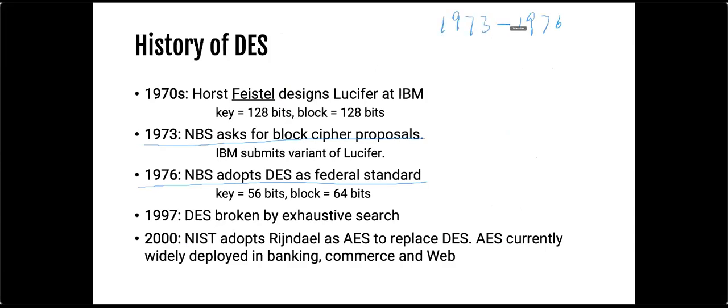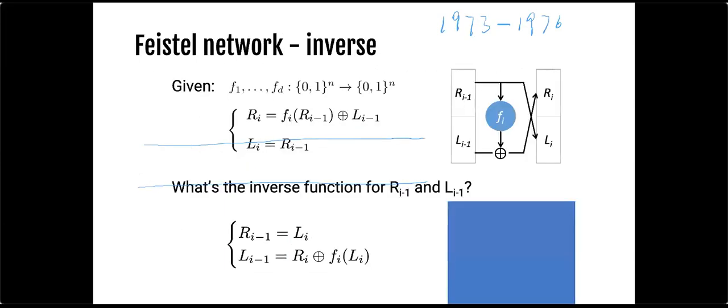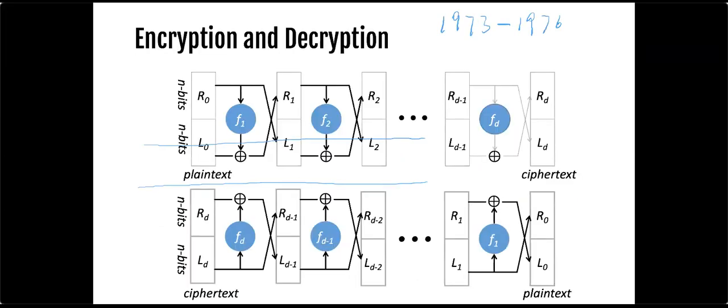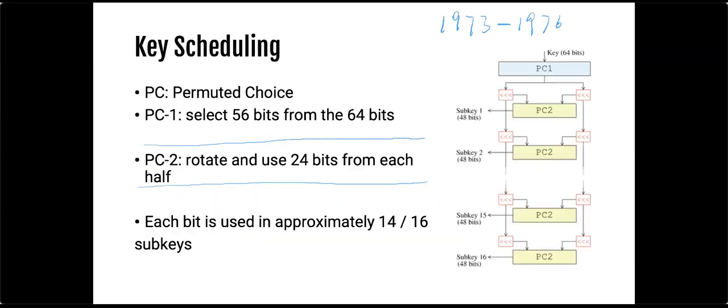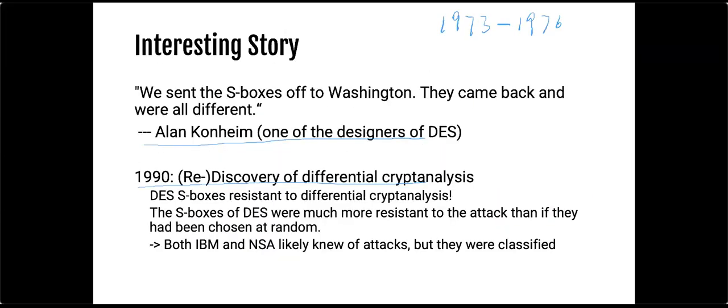So it's from 1973 to 1976, okay? But if you look at this timeline over here for the S-box, it's very interesting, because differential cryptanalysis was actually discovered in 1990, which is far later than the time that people were looking into the DES cipher.